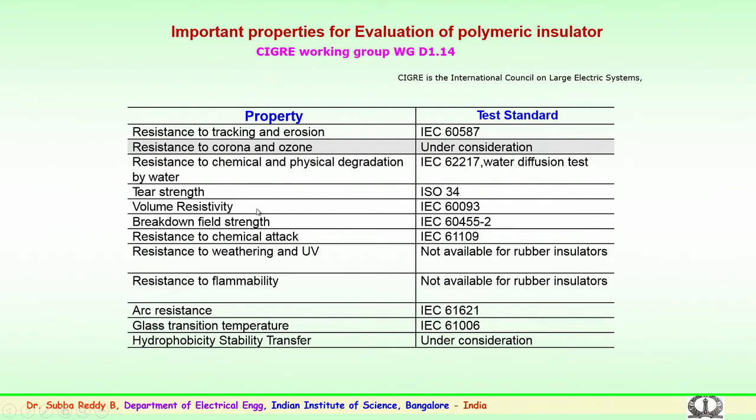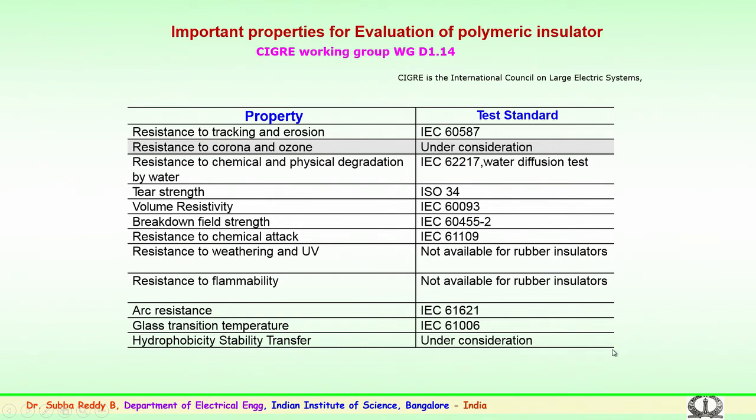Likewise, the mechanical strength, that is tear strength, the volume resistivity, the breakdown field strength, resistance to chemical attack, and these parameters or properties are also standardized, like those given here. Various International Electrotechnical Commission standards have been evolved for evaluation of these properties.